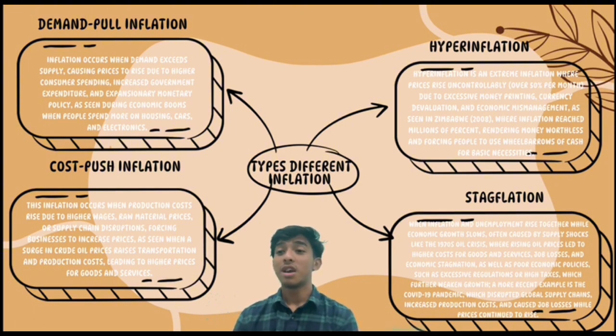When rising oil prices led to higher costs for goods and services, it caused job loss and economic stagnation, as well as poor economic policies such as excessive regulation or high tax, which further weaken growth.